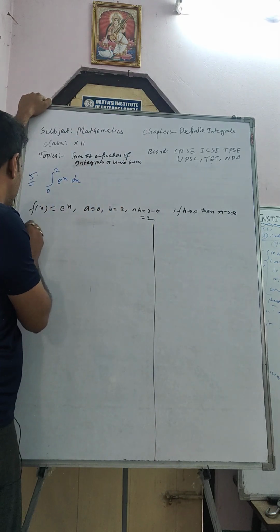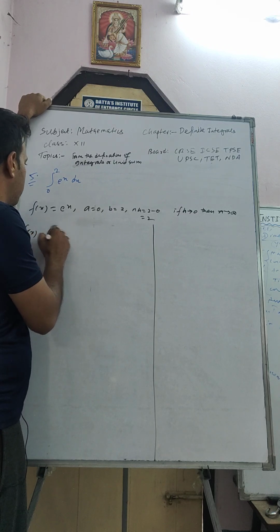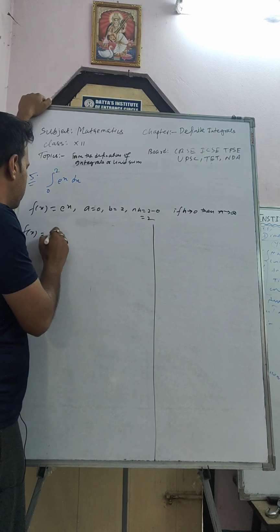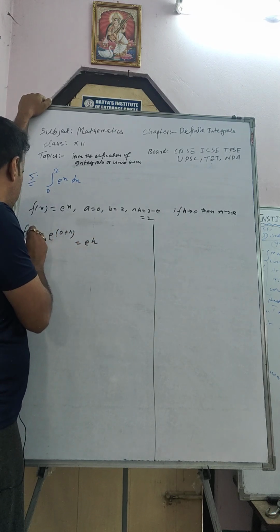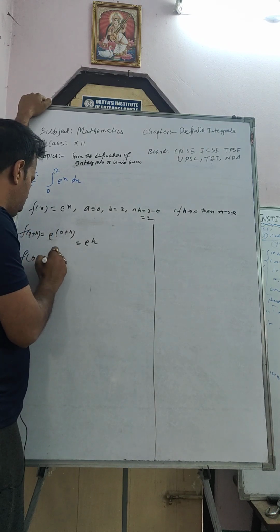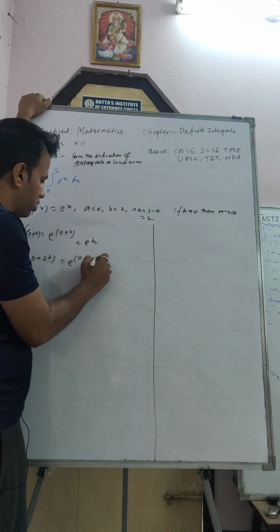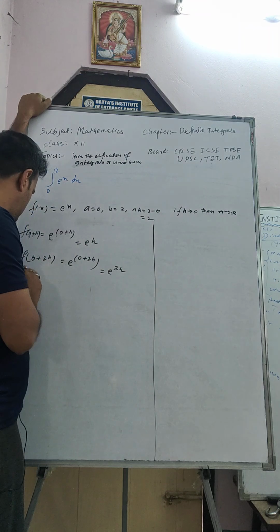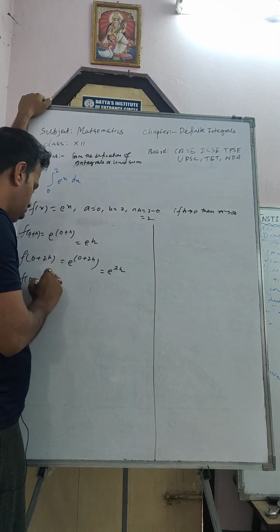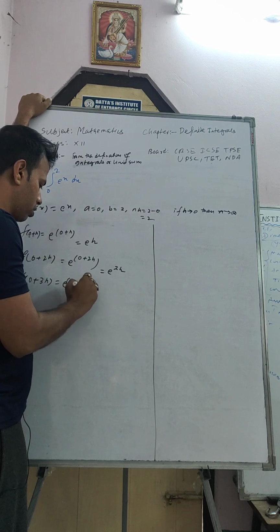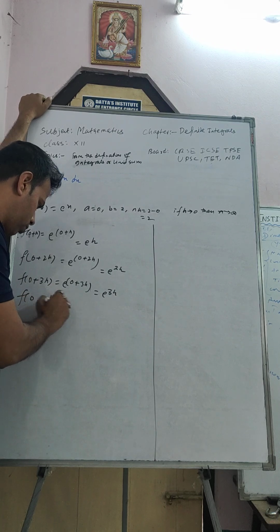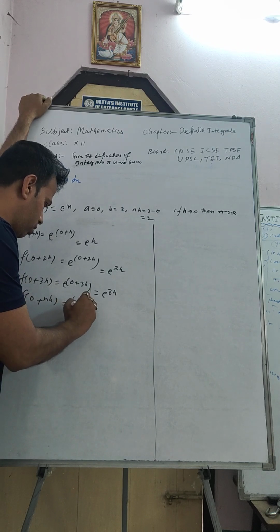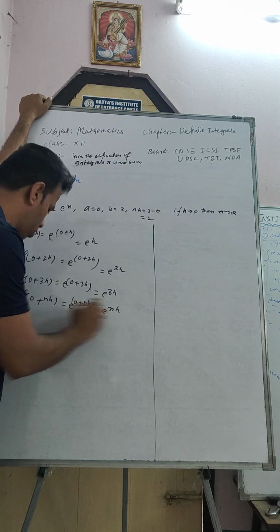Now f(0 plus h) will become e to the power h, f(0 plus 2h) will be e to the power 2h, f(0 plus 3h) is e to the power 3h, up to f(0 plus nh), which will be e to the power nh.